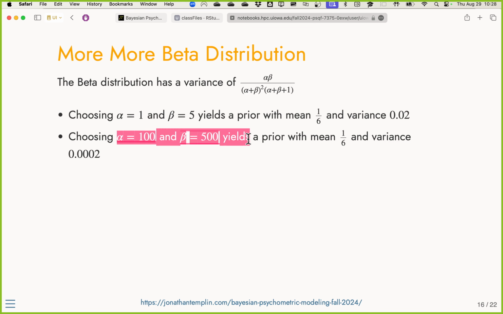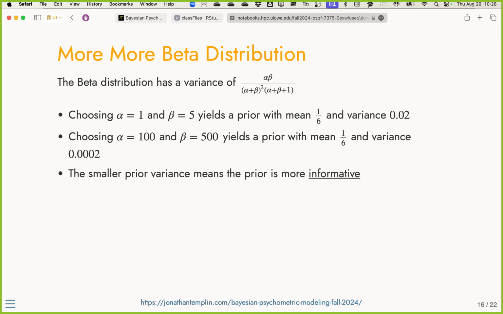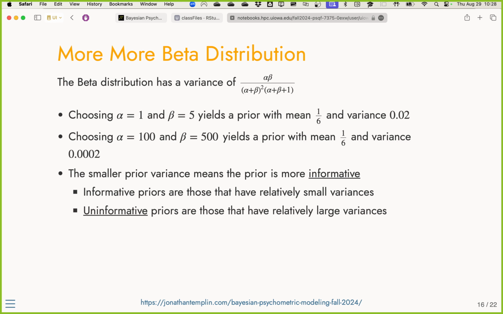It has very small variance in the prior distribution, whereas alpha of 1 and beta of 5 has a much larger variance relative to it. So we define a prior with a smaller variance as being more informative, whereas informative priors are those with relatively small variances. Uninformative priors have large variances.